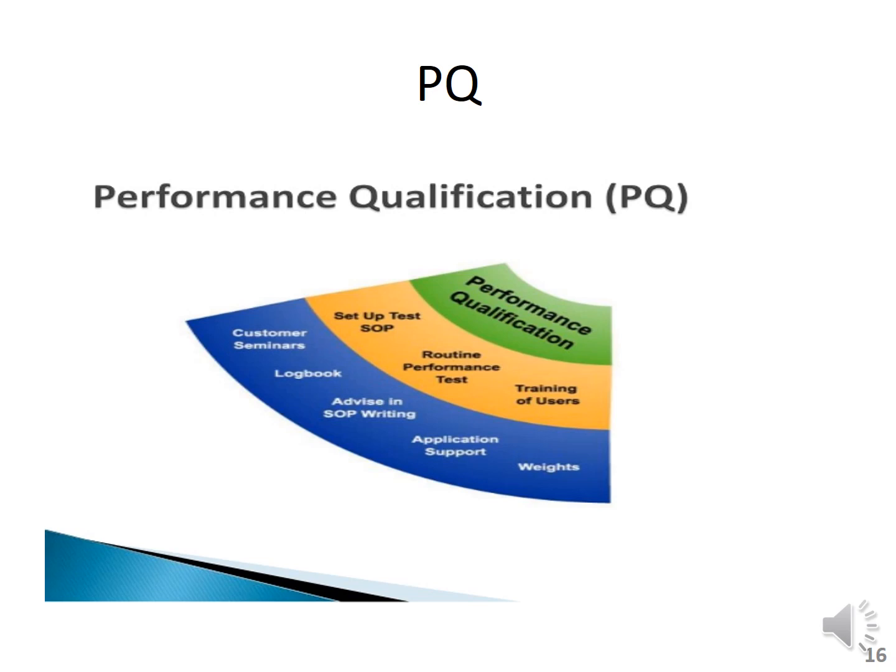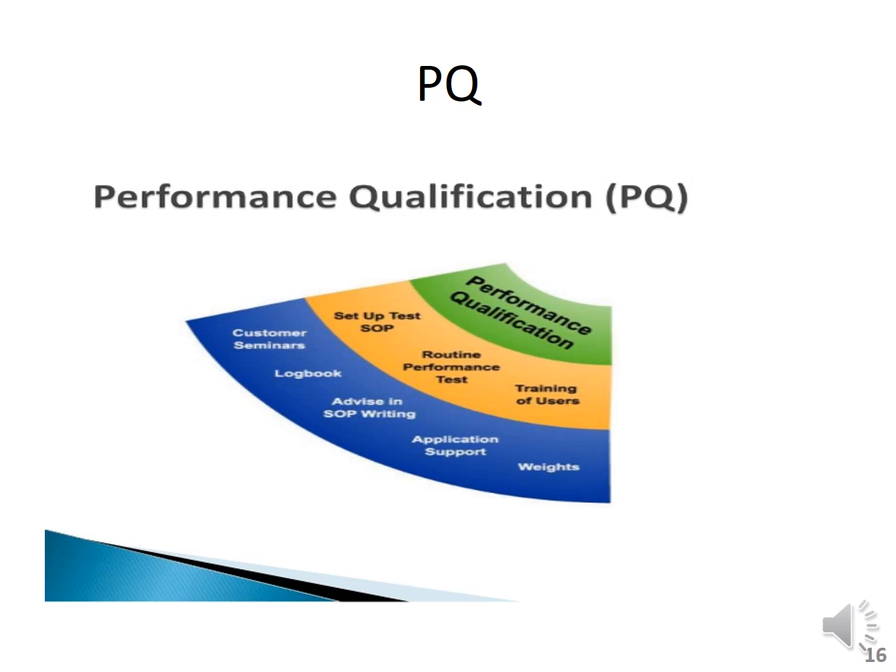Routine performance tests, if you have defined some, you have to go through those as well. And then training of the user, this is very important. If there is any change or any new user, you must be arranging the training of the users on a regular basis, right?